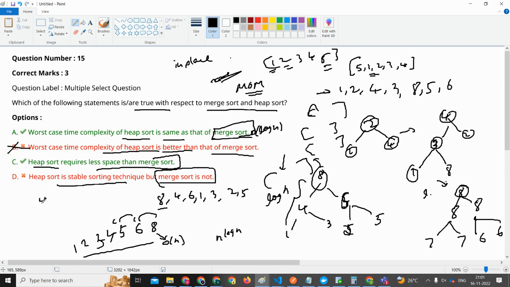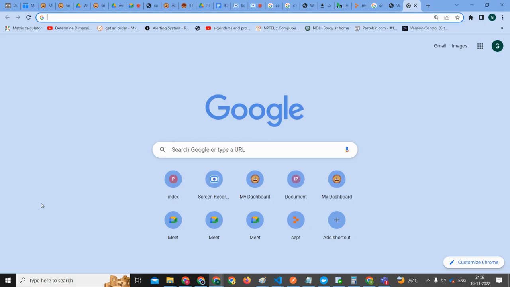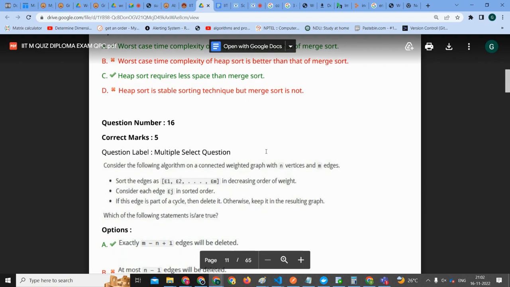They reduce the size of the heap, like they delete that. They put it in the last and work with 4, 6, 1, 3, 2, 5. They restructure it, the 6 comes on top, and again they keep putting it in the last. That will give you the sorted 8, 6, 5, 4, 3, 2, 1. So in place, but it's unstable.